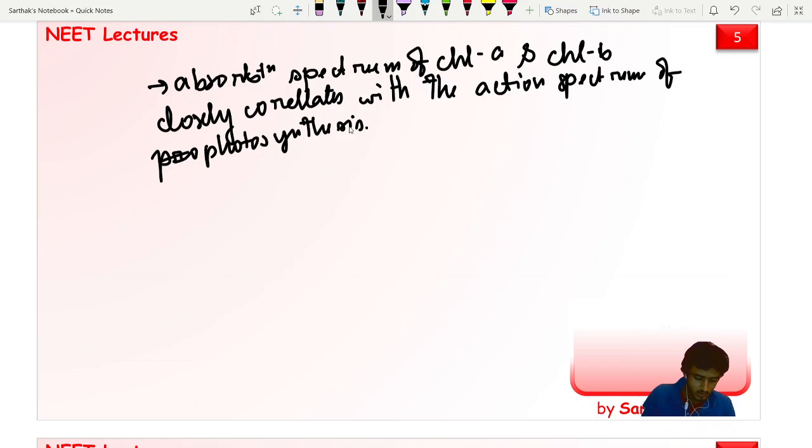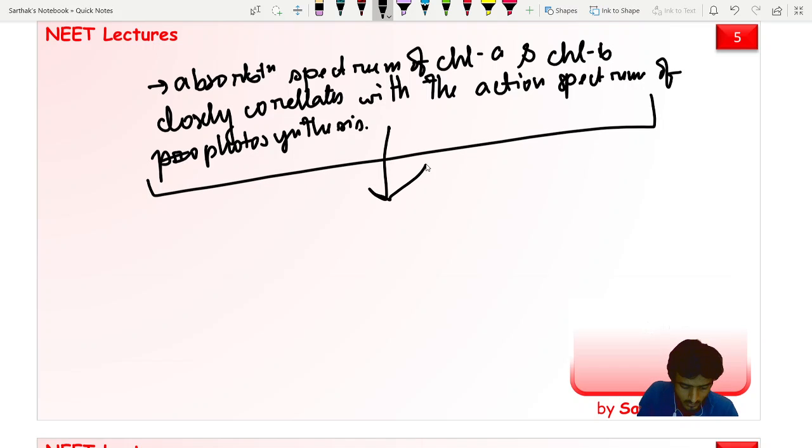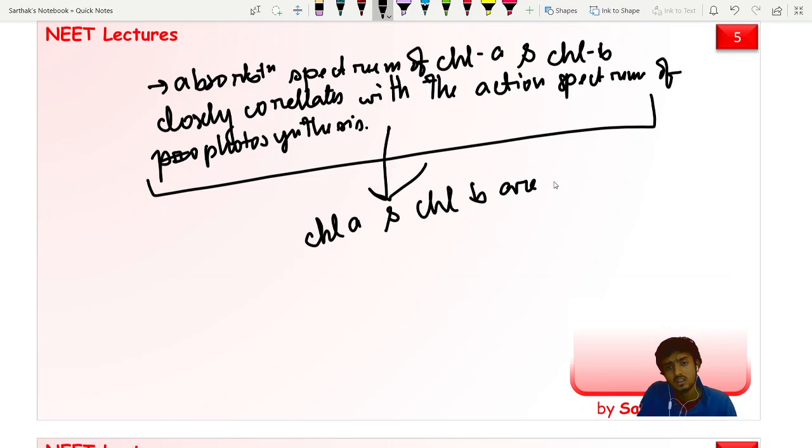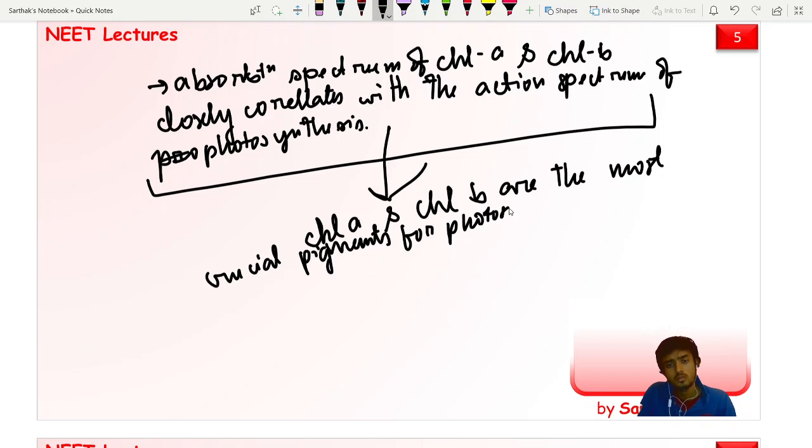So what is the conclusion out of it? The conclusion out of this statement is that chlorophyll A and chlorophyll B are the most crucial pigments for photosynthesis.